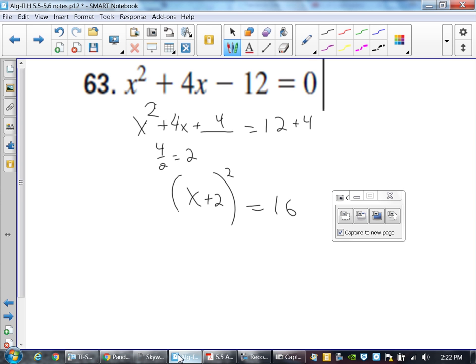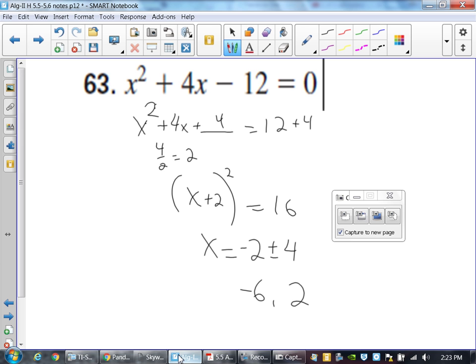There's nothing wrong with that. Then you get x equals negative 2 plus or minus 4, which means your two answers are negative 6 and 2. If they're integer values, I would write it out as negative 6 and 2. Those are my zeros.